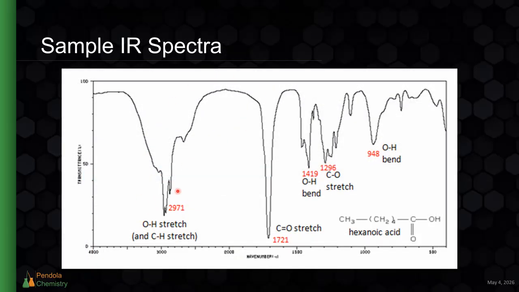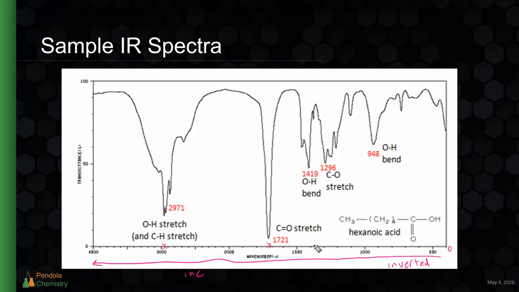It's not just about where in the x-axis these different peaks fall, but it's also about what they look like. So, yes, we look at the x-axis and do notice that the x-axis is inverted, meaning that we start low at 0 on the right side, and then it increases towards the left.